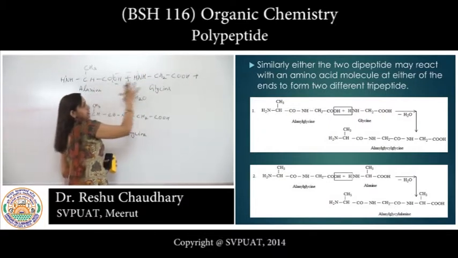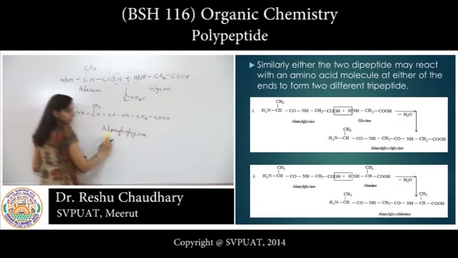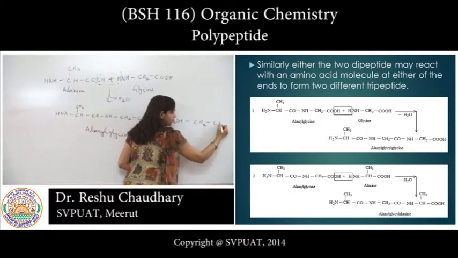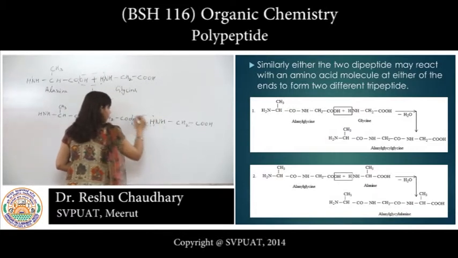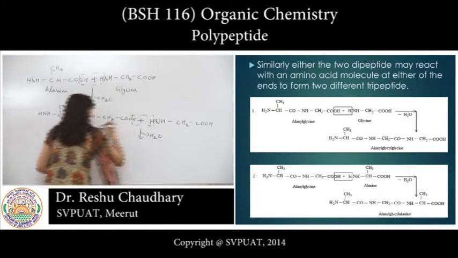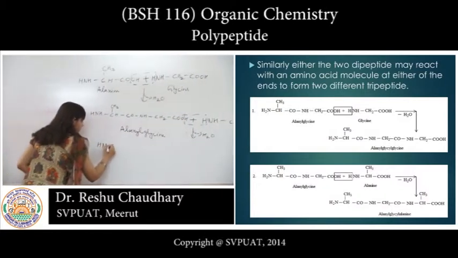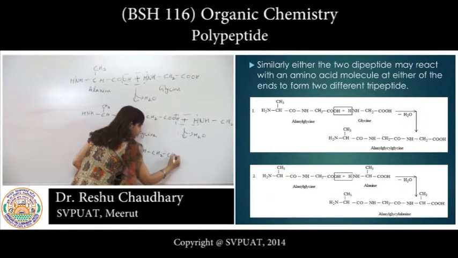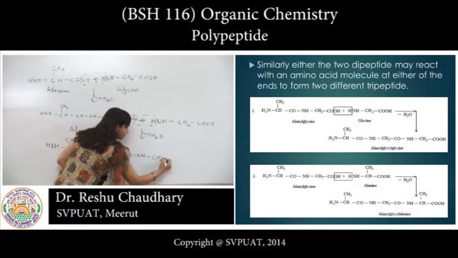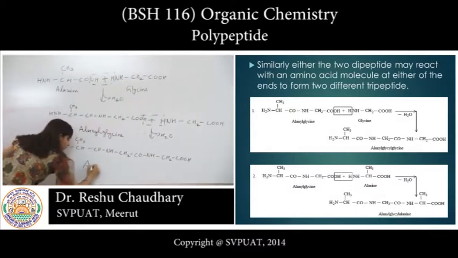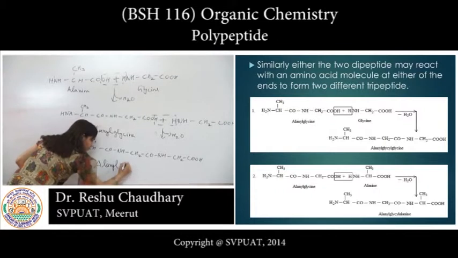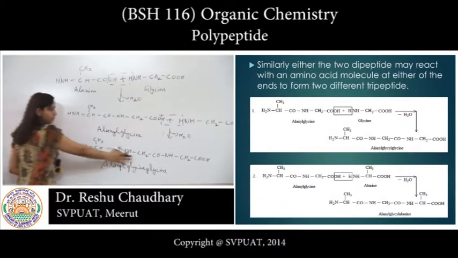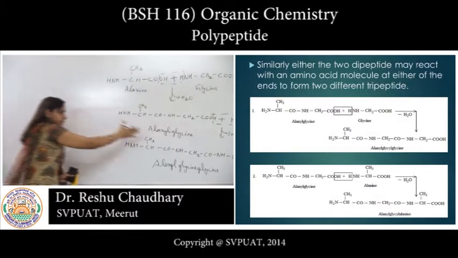If there is alanine and glycine, and alanyl glycine is formed and again one molecule of glycine is attached, then again one water molecule will come out and the product will be named alanyl glycyl glycine, because there are two molecules of glycine here, and this is a tripeptide molecule.